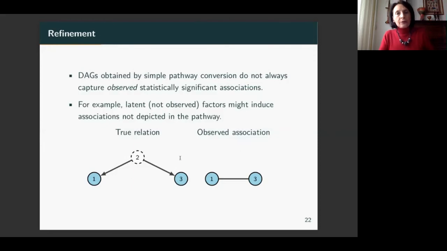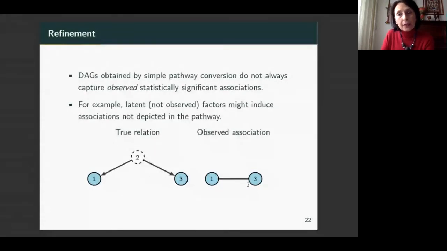Now, at an observational level, if you measure the association between 1 and 3, what you will find is that 1 and 3 are statistically associated because they depend on the same common factor, although this is not observed and it stays latent.